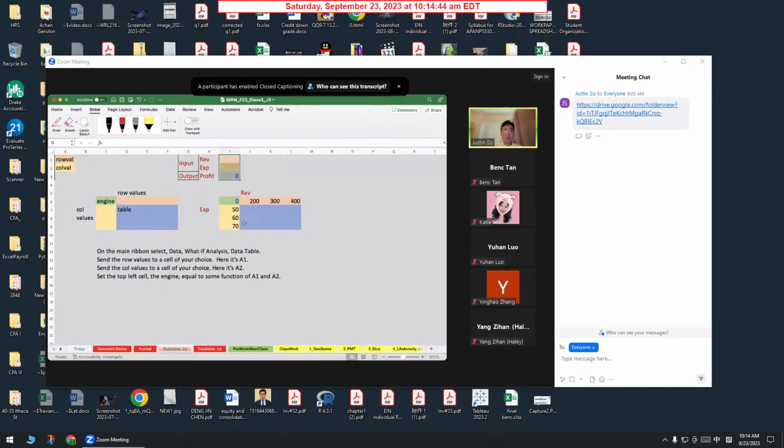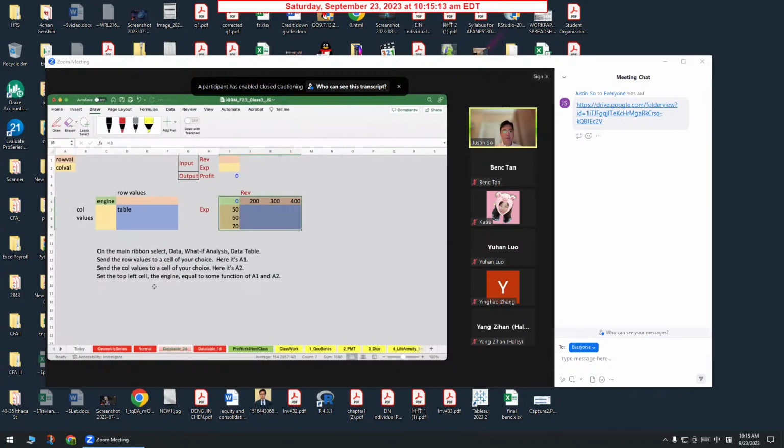But we want to see it in the table very easily. So you put this input here in the row, revenue and expense in the column. And this calculation is showing, oh, that needs to be revenue minus expense, right? It's pointing to this one.